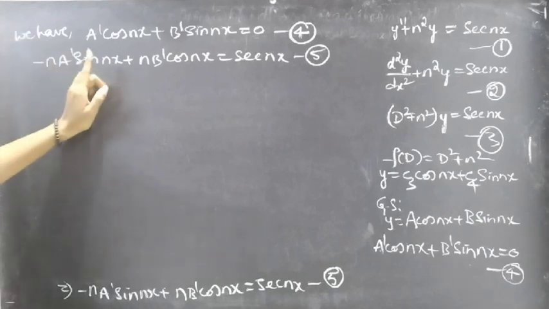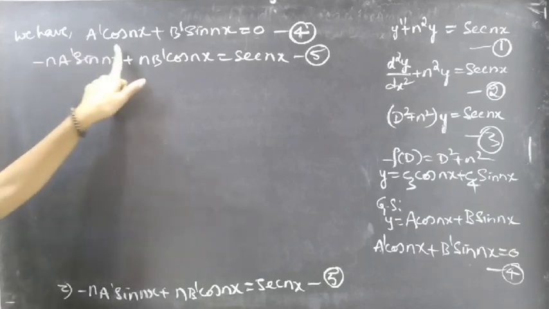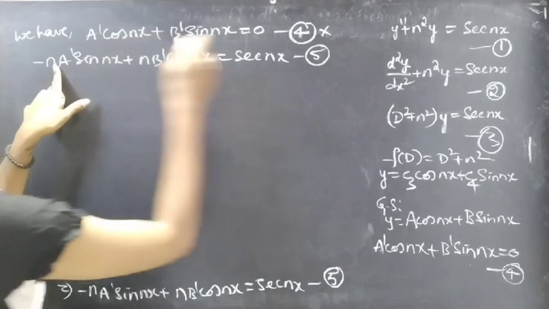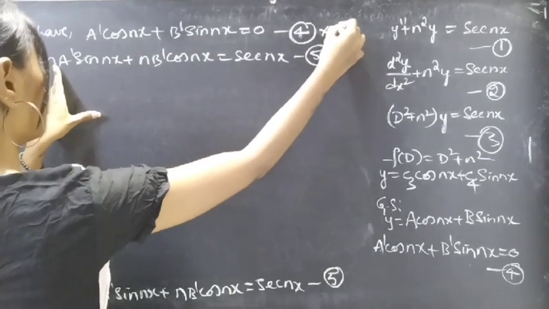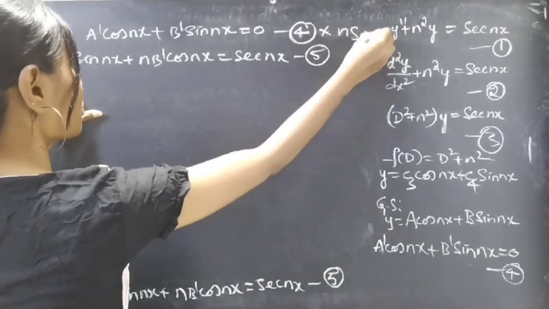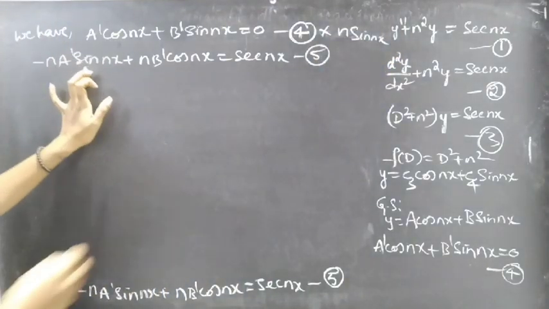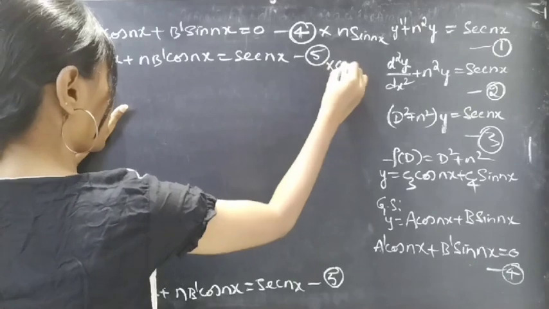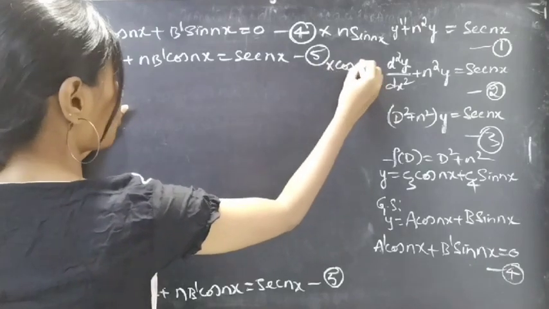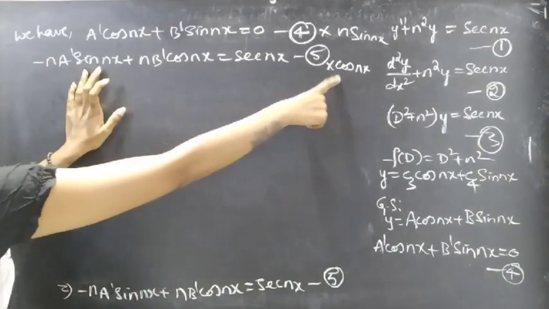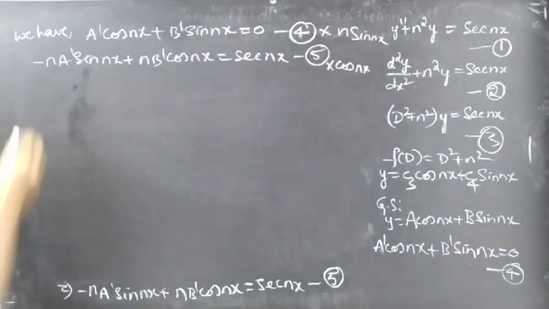In order to cancel the terms involving a dash from these two equations, we need n sin nx in the first term of equation 4, and cos nx in the first term of equation 5. So we'll multiply n sin nx to equation 4 and cos nx to equation 5.